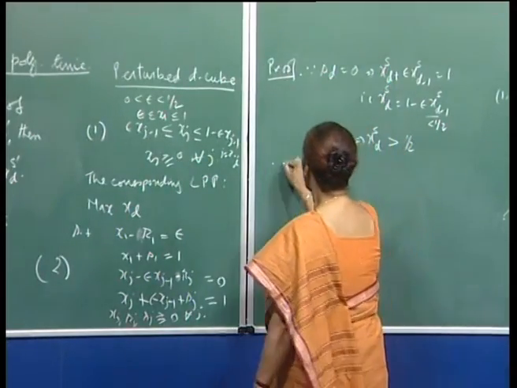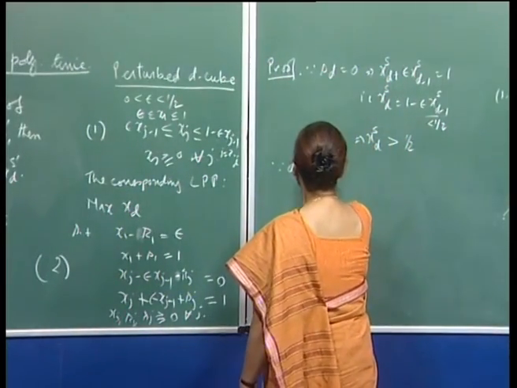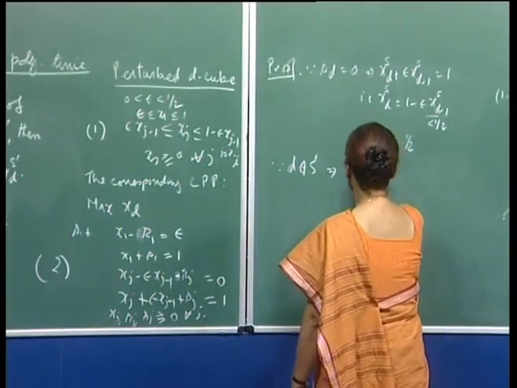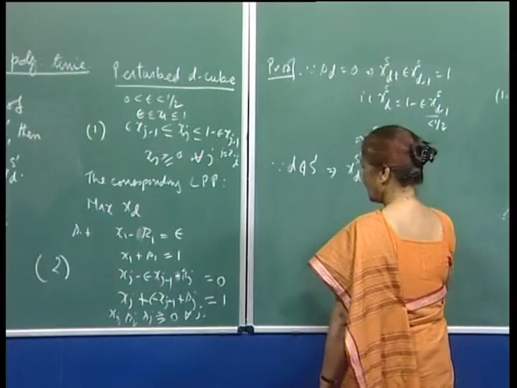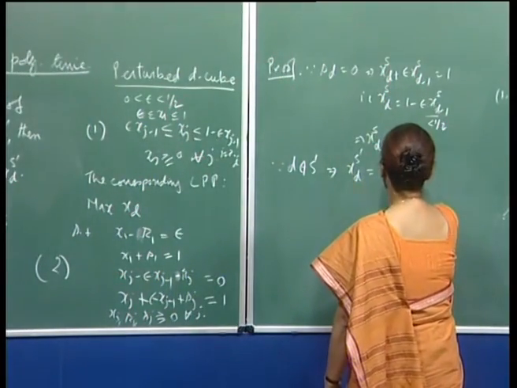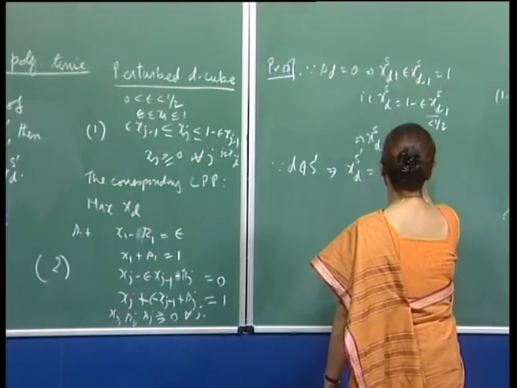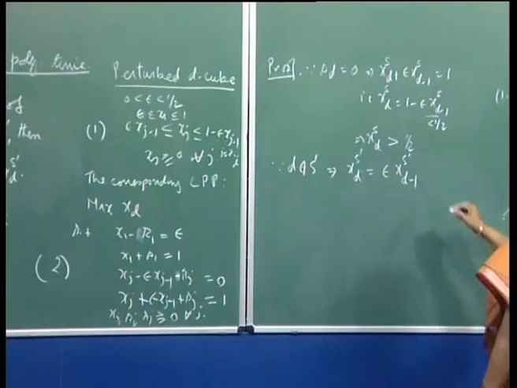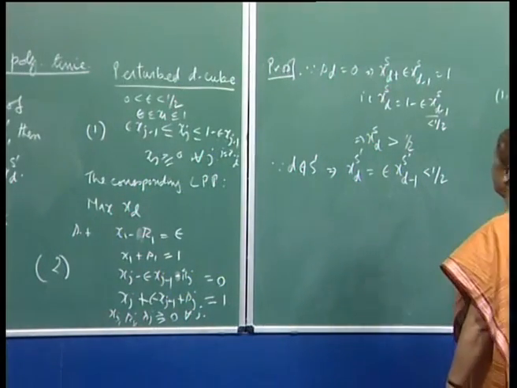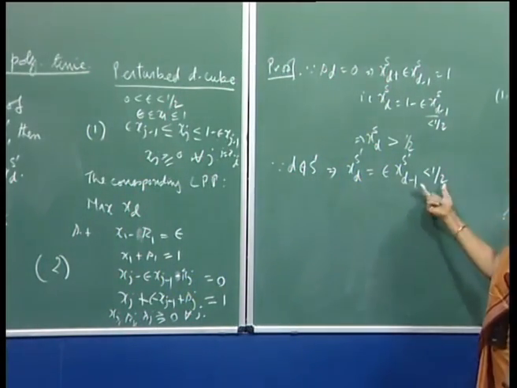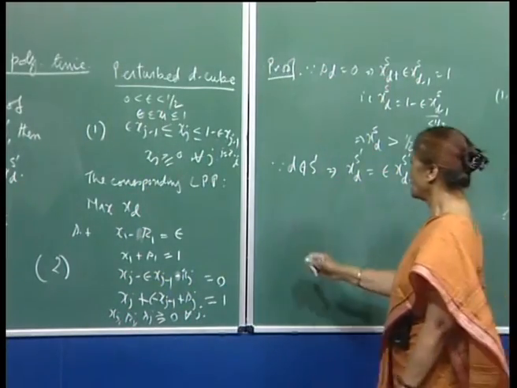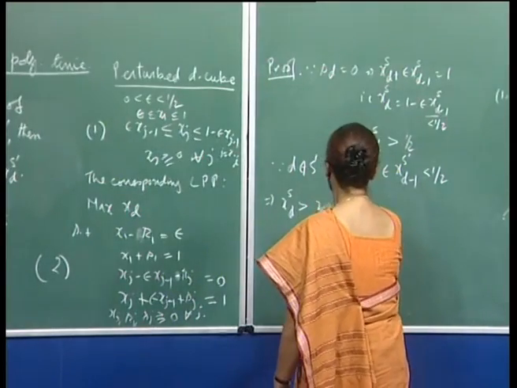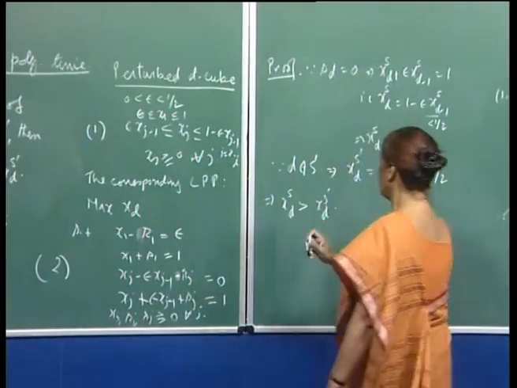Since d does not belong to S prime, XS prime d is equal to epsilon times Xd minus 1 for S prime, which is less than half, because epsilon is less than half. So, you immediately get that XSd is greater than XS prime d.